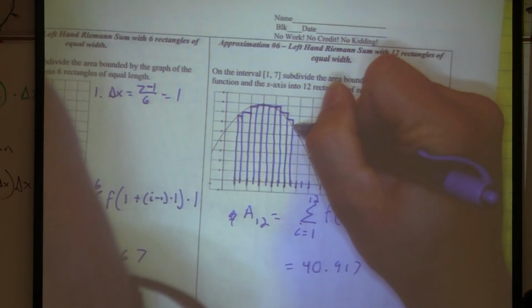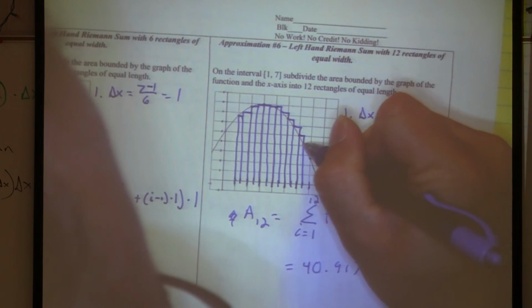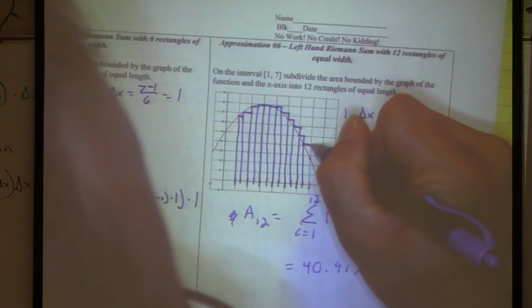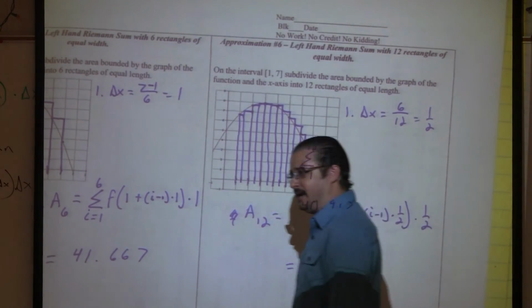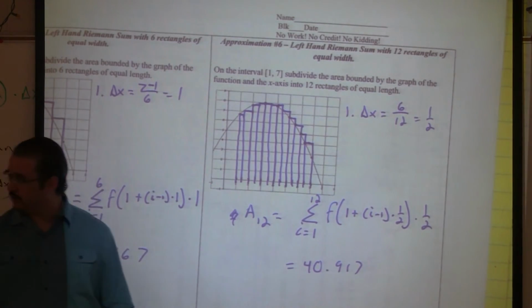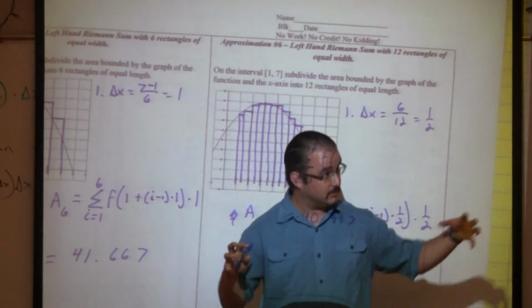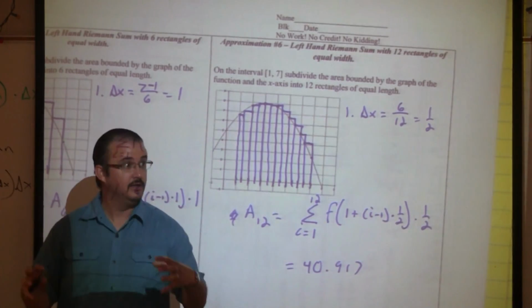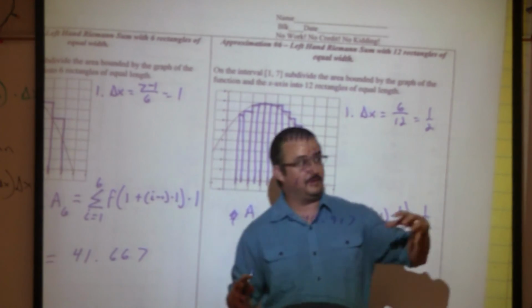Are we getting better? Are we getting closer to the actual one? The next thing I'm going to tell you is going to trip you out. So we did a left-hand Riemann sum, and we did a right-hand Riemann sum. And when I approached from the left, I was getting closer and closer to what? 40. And when I approached from the right, I was getting closer and closer to what? 40. Oh my God! We're approaching from one side and from the other side.